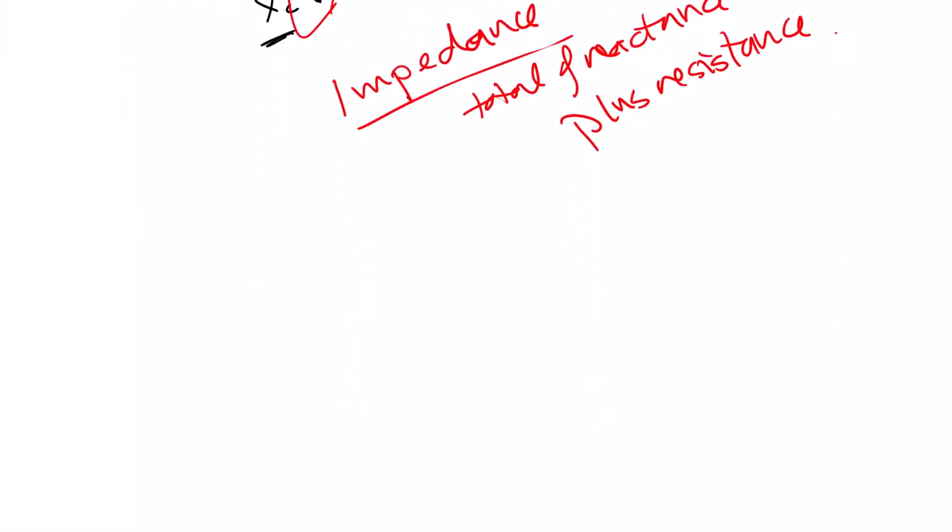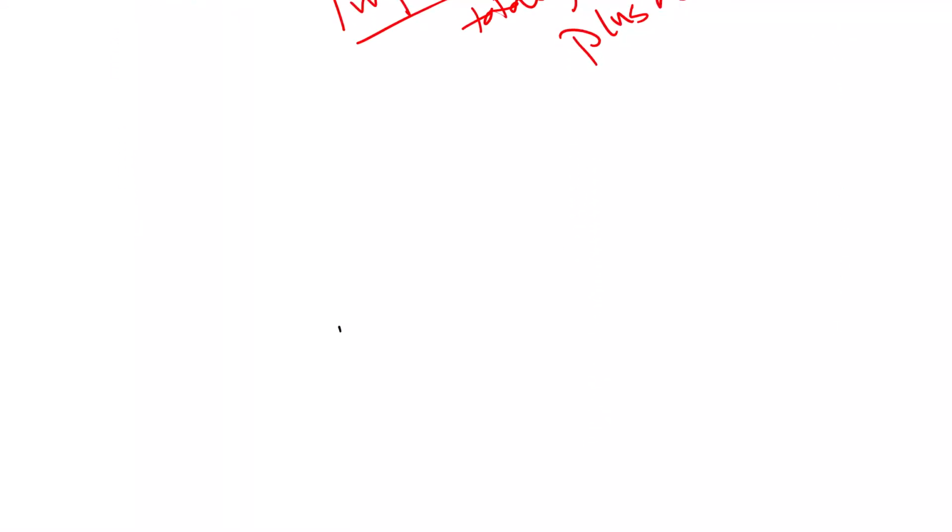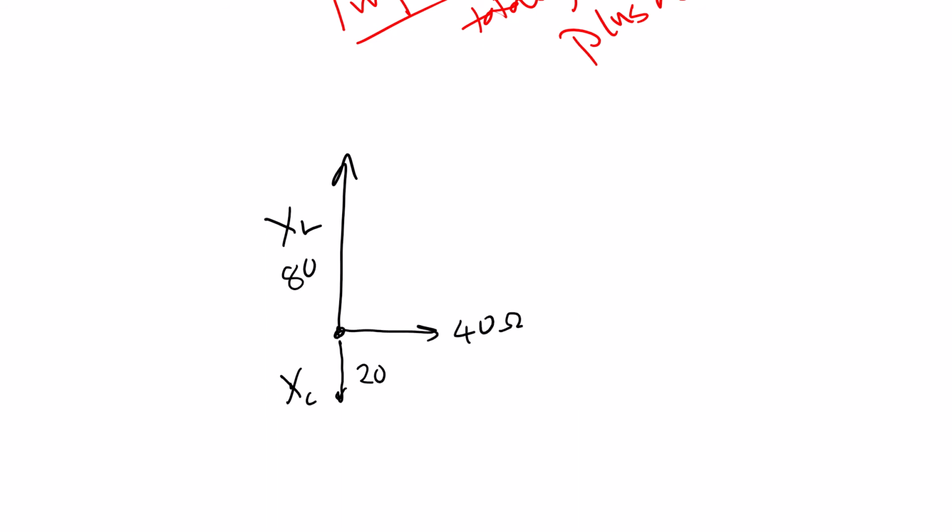So let's see how we would do it vectorially if we've got a reactance of 80, that's inductive reactance, and if we've got capacitor reactance of say 20 and a resistance of 40 ohms, remember they're all ohms, how do we add these vectorially? We've got 80 up and 20 down, so that's equivalent to 60 ohms up, and we've got our 40 ohms resistance. So what's the resultant?